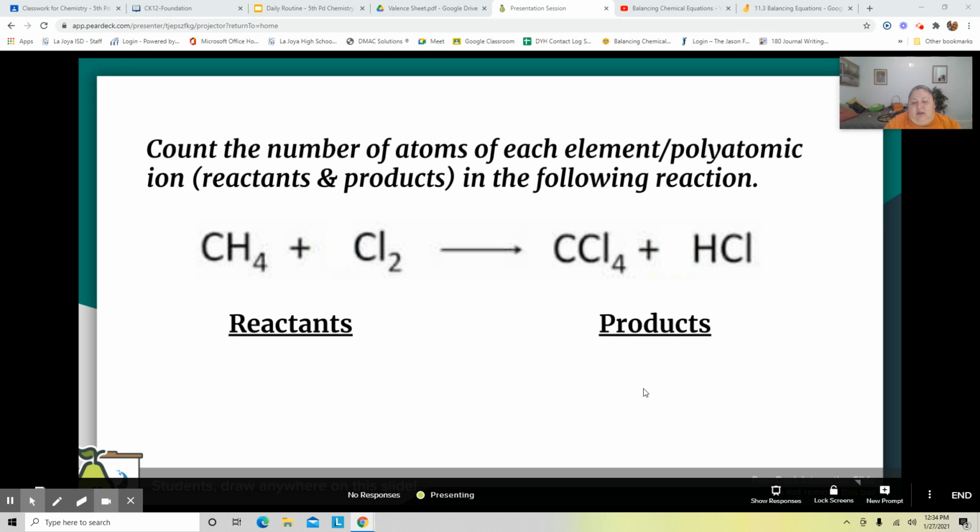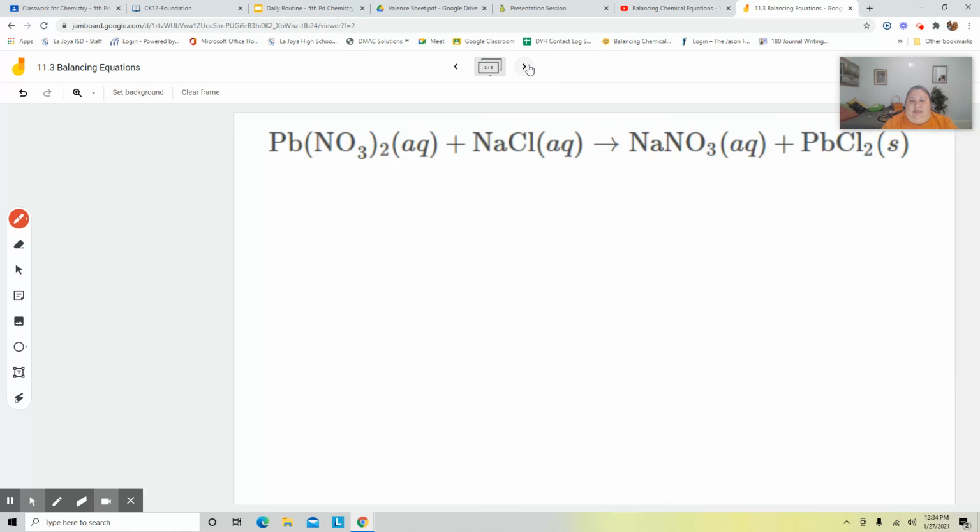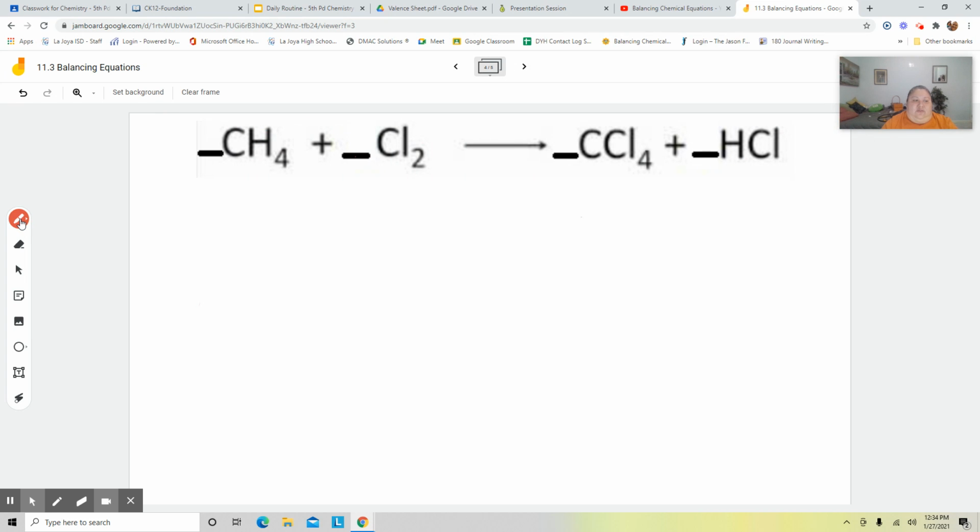I want you to count how many you have on the product side. Okay? If you're still unsure, I'm going to do it on Jamboard, but with your help. I'm not going to do it all by myself. You're going to help me count the atoms for each element. All right? Because I got it right here. Here's our formula.